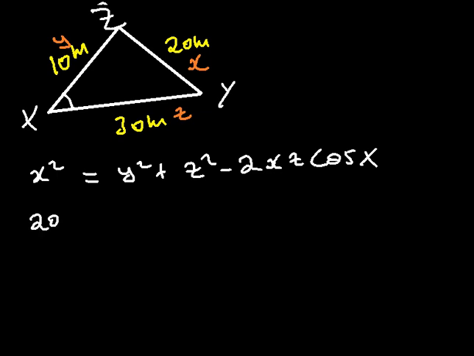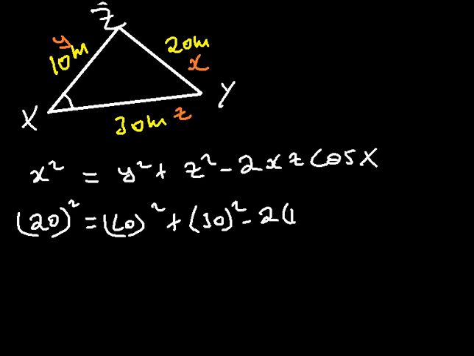We have it as 20, to the power 2, which is equal to Y, we have it as 10 to the power 2, plus Z, we have it as 30 to the power 2, minus 2 times 10 times 30 times the cos of X we are looking for.